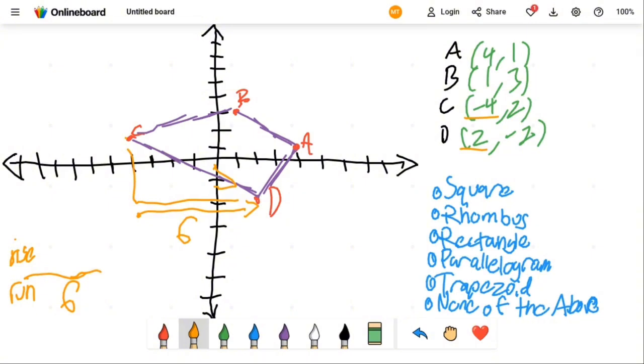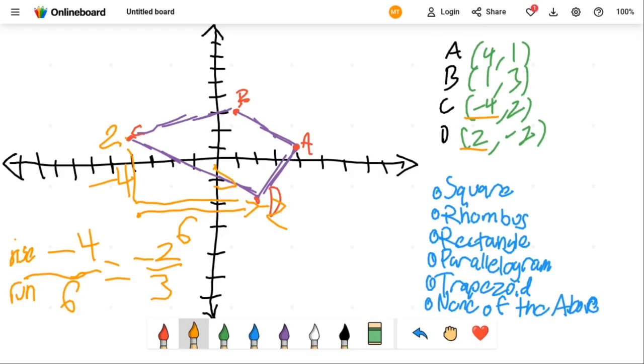The rise from C to D is from 2 to -2, so the rise is -4. The slope of CD, simplifying -4 over 6, is -2 over 3.